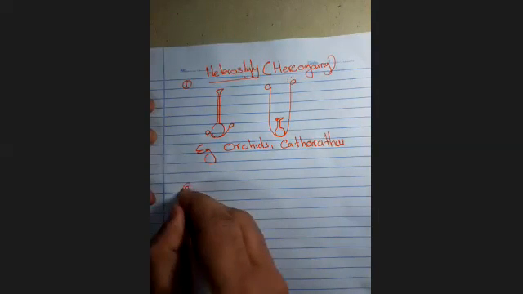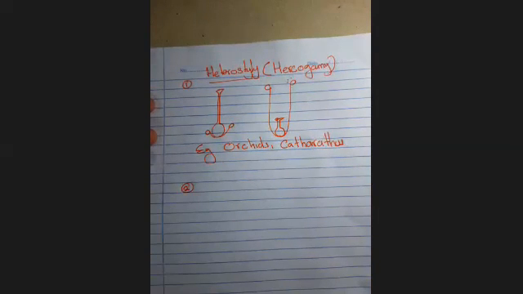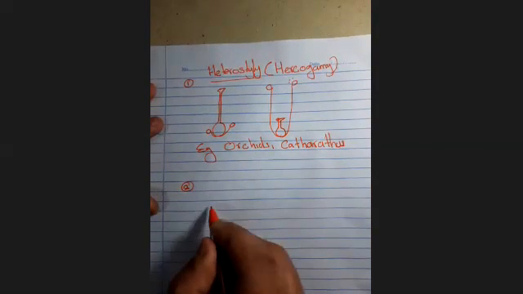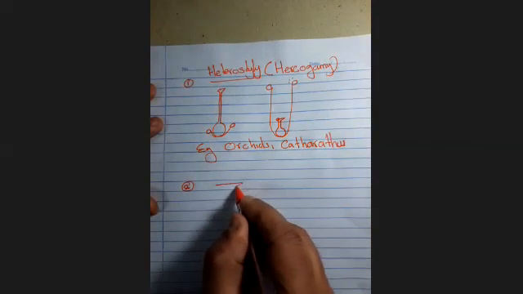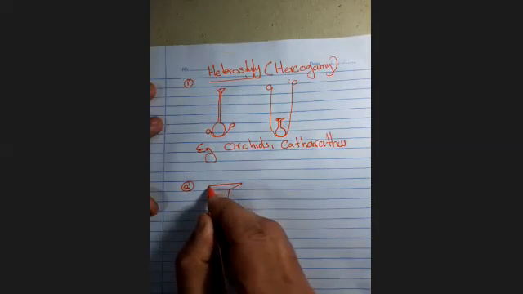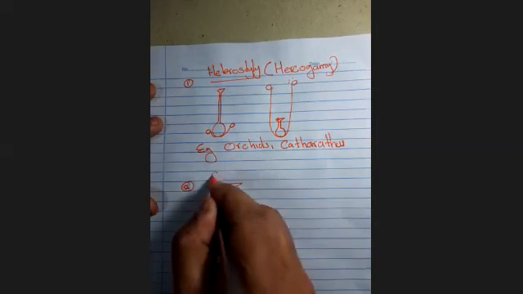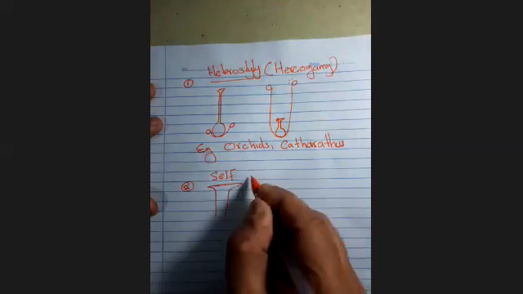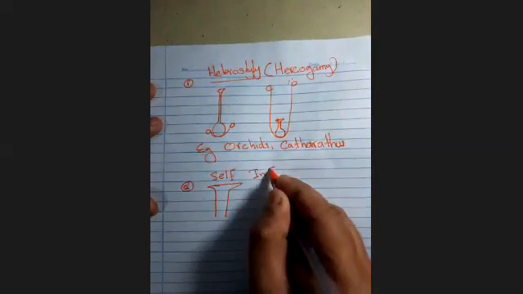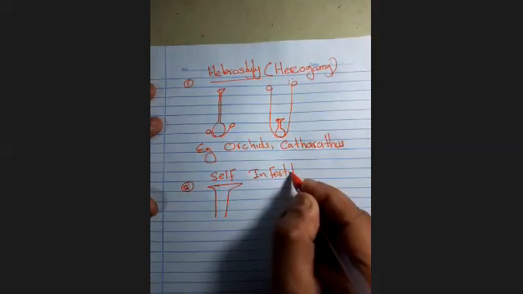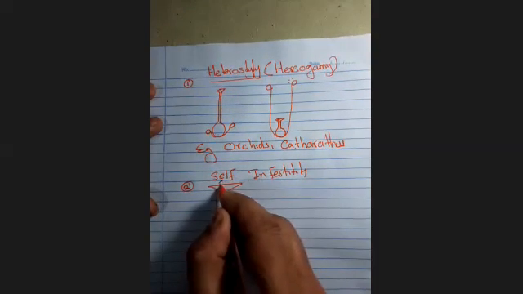Second, tell me the second one. What is the second adaptation? Self-infertility. In self-infertility, what happens is pollination is allowed, my children. In self-infertility, pollen can reach the stigma.